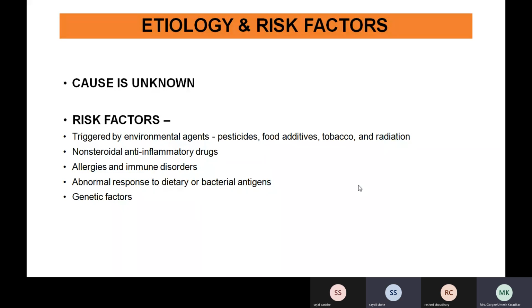Ibuprofen. Okay. Any other? Which are given maximum in your life? Paracetamol. Okay. Diclofenac.